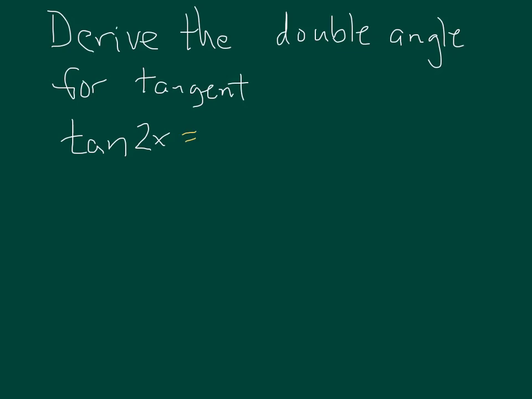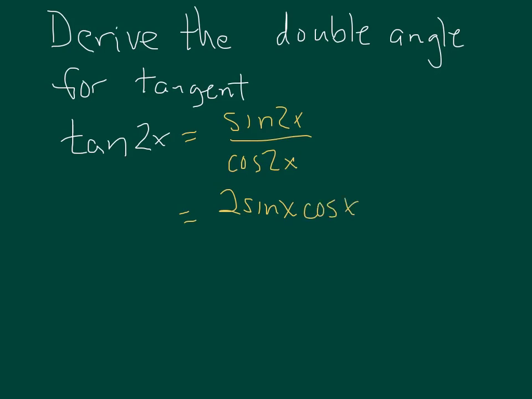So tangent is sine over cosine. Now we can use the double angle identities for each of these. Sine 2x is 2 sine x cosine x.